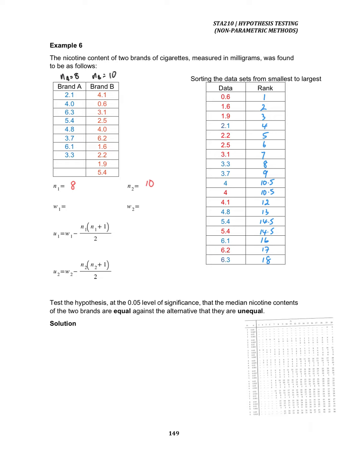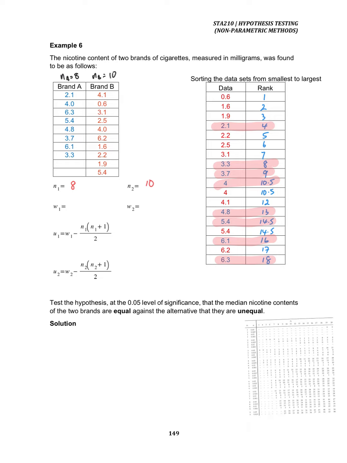Okay, so saya highlight dulu. So this one, kita akan add upkan dulu. This one is W1. So kita add upkan ranking untuk dataset yang berwarna biru. Finally we will get the total W1 is equivalent to 93.